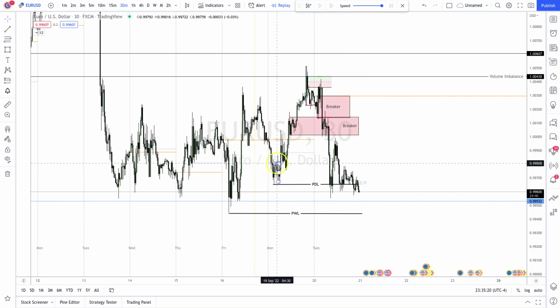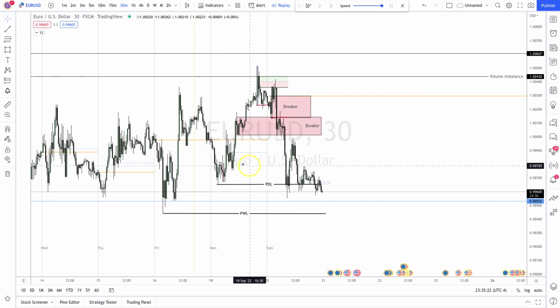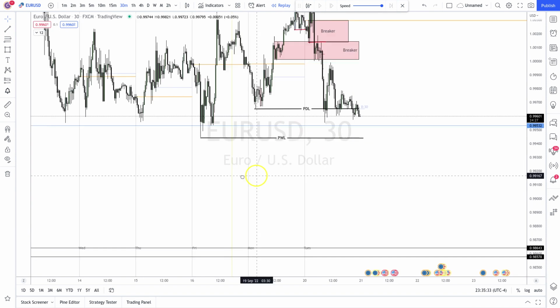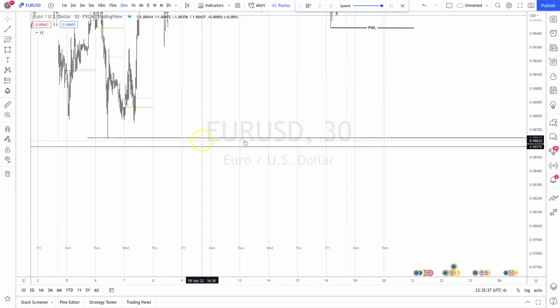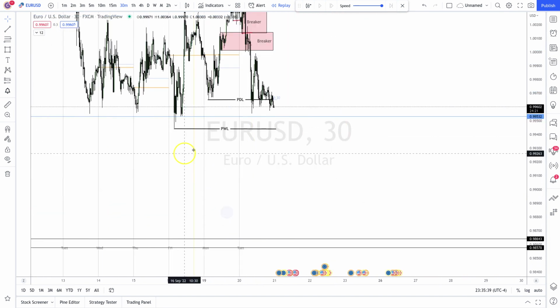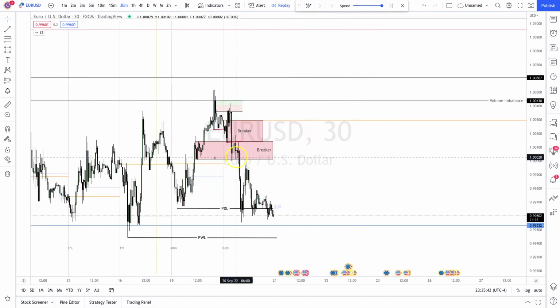To see price break beyond this level, it's kind of like what I was telling you guys on yesterday's videos. Typically, 70-80% of the time we'll see the high or low of the week created on Monday or Tuesday, right? So if we can see price trade down beyond this point, which is equal lows, the intra-month low, this would be a beautiful example of accumulation, manipulation, and then distribution down below.